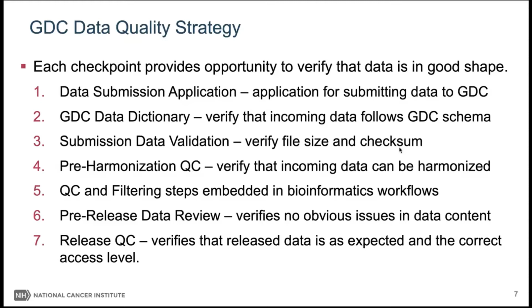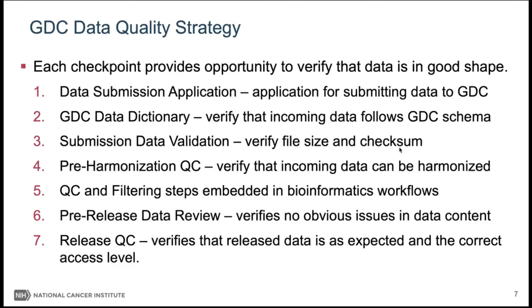In future slides, I'm going to go over each of these in more detail, but just to give you an introduction, first is a data submission application. What it says on the box, it's an application for submitting data to the GDC. The GDC data dictionary verifies that incoming data follows the GDC schema. The submission data validation verifies file size and checksum. Pre-harmonization QC is a verification that incoming data can be harmonized and there's no problem with it.